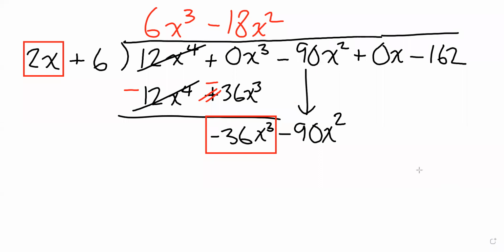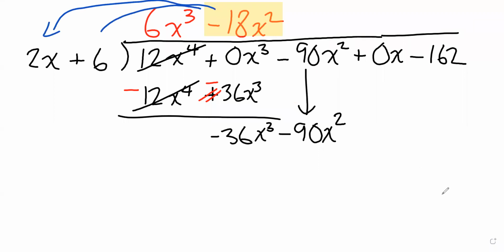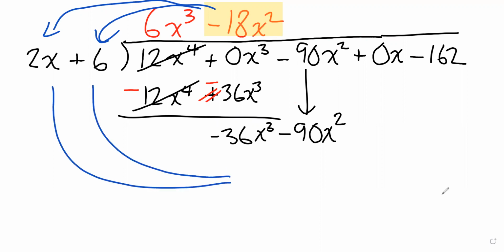All right, we're going to multiply negative 18x squared. So this, let's get rid of these red boxes. I don't think we need them anymore. We're going to multiply negative 18x squared times both of the terms in the divisor and write the final results down here where we currently are underneath the dividend. Let's take it one term at a time, starting with the 2x.